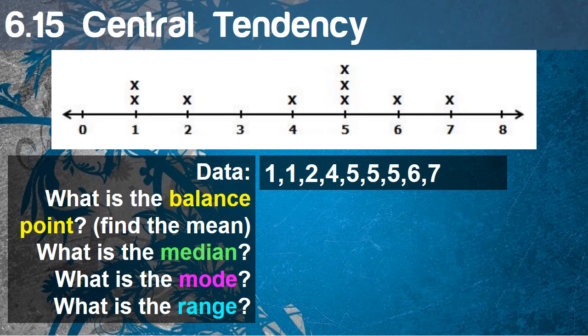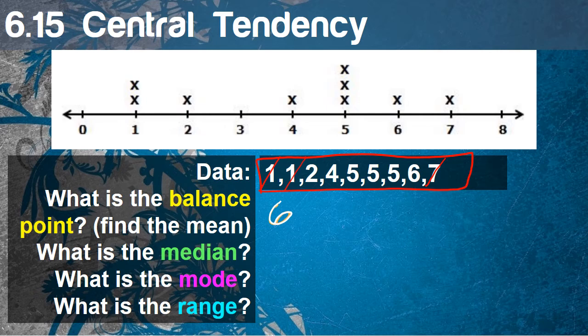Now that we figured out the mean was 6, let's figure out what the median is. The median is going to be our middle number. In order to figure out the middle number, we're going to take our data and start with the first and the last one, and then cross those out. So we cross a 1 and a 7 out. We're going to try to get into the middle.